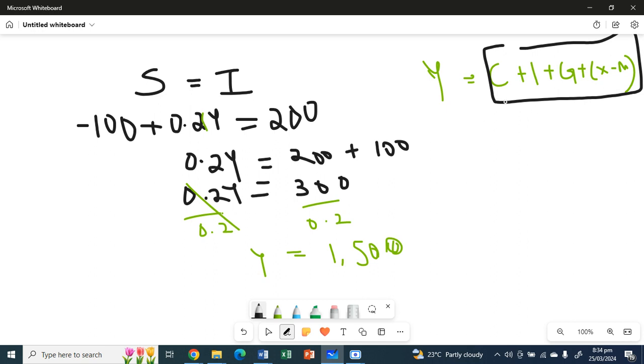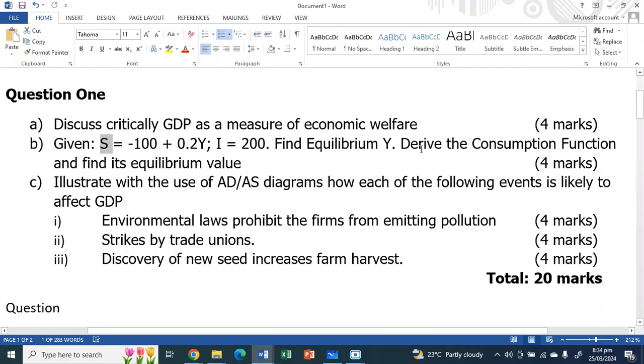So we could have used this method if we were given the consumption function, but here we're given the savings function. And the second part of the question, I believe, is to find the consumption function. Consumption function shows the relationship between your spending and your income.